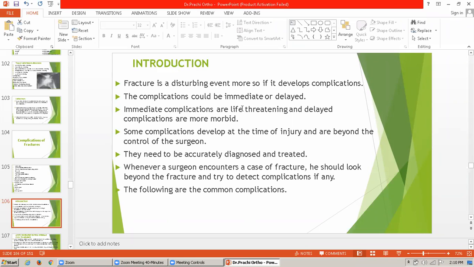The complication could be immediate or delayed. Immediate complications are life-threatening and delayed complications are more moderate.